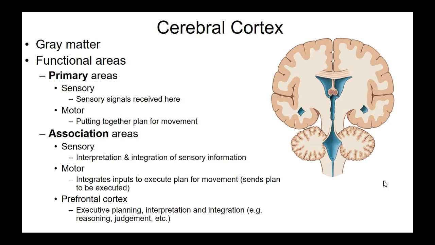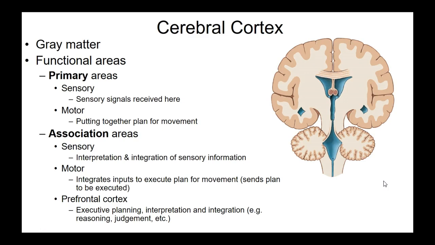Further separating these, we can talk about sensory and motor. Primary areas that are sensory are where sensory signals are received. Your interpretation, and consciously figuring out what that sensory information is telling you, is done in the association areas.